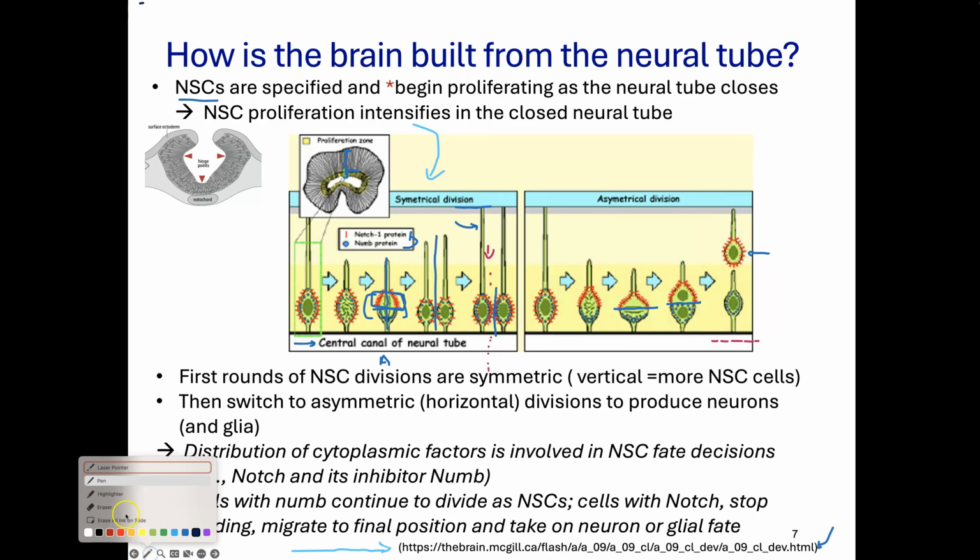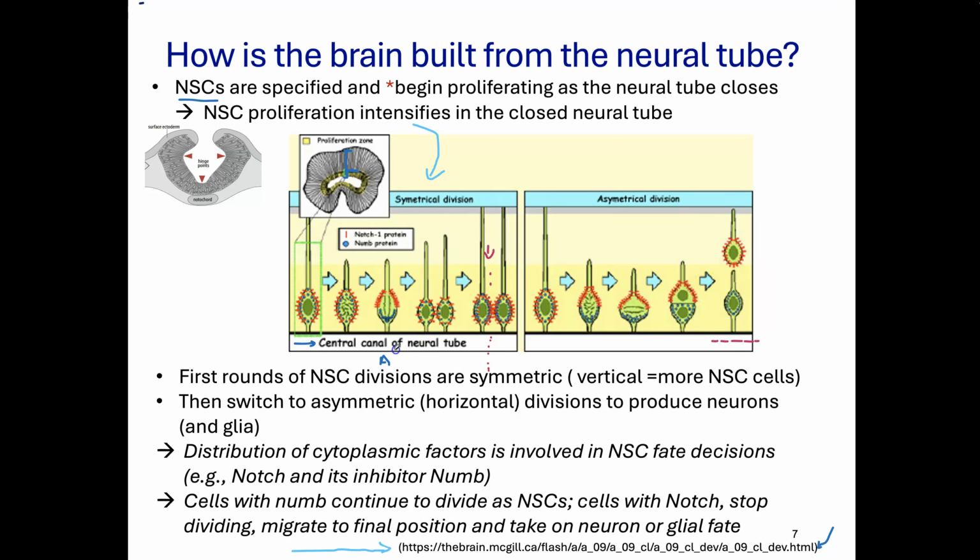So we're going to look just a little bit more at the development of the neural tube, and just the symmetric versus the asymmetric cell divisions. And so the proliferation zone is this area here.